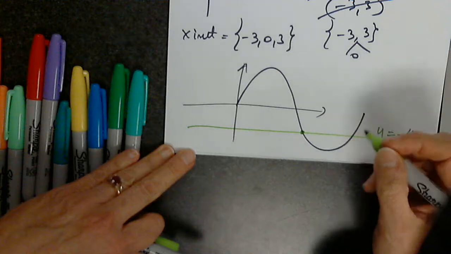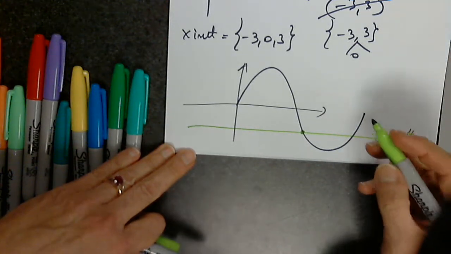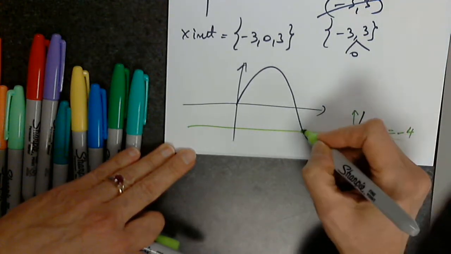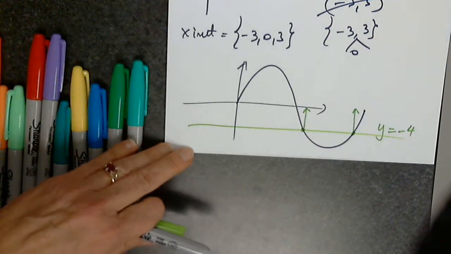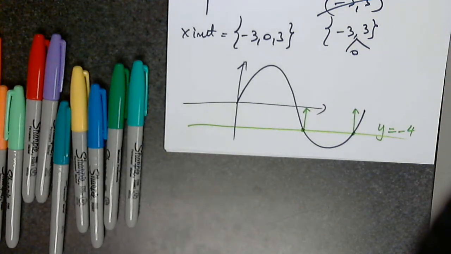I see 2 values or just one? 2 values. And I have to read the x value. f of x equals -4. I read 12 and I read 18.